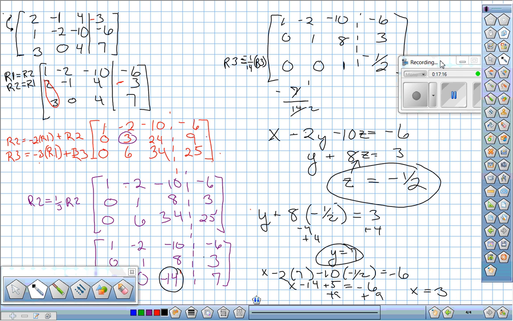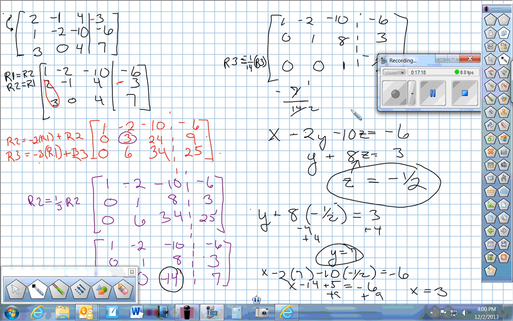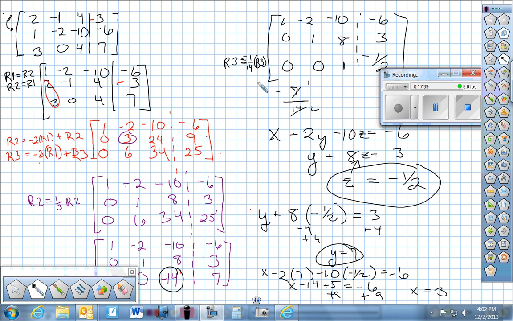So this is really nice actually, and it's a really useful tool. Some of it is really confusing, but we'll do some of these and you'll get really good at them, and then we'll learn to use the calculator to do it for us, which will make it easier, but you need to understand what the calculator is actually trying to do. Your book calls this row equivalent form, I think.